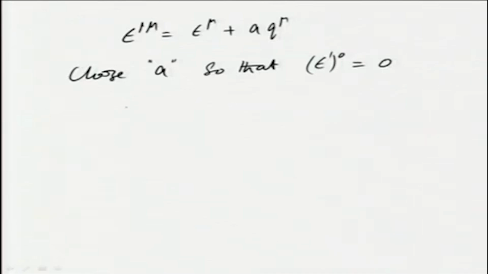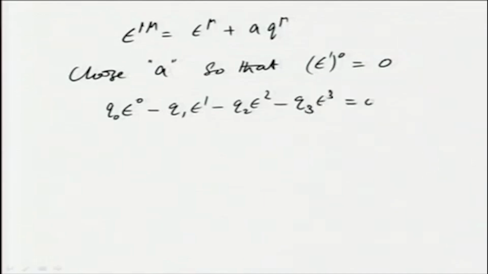Initially we had a condition on epsilon, that q 0 epsilon 0 minus q 1 epsilon 1, q 2 epsilon 2, q 3 epsilon 3 equal to 0. Now, this is applicable to epsilon prime as well, because it is the same thing satisfying the same condition, the Lorentz condition. This is basically the Lorentz condition, and changing it by lambda, which has dou mu dou mu lambda equal to 0, will not change the Lorentz condition.